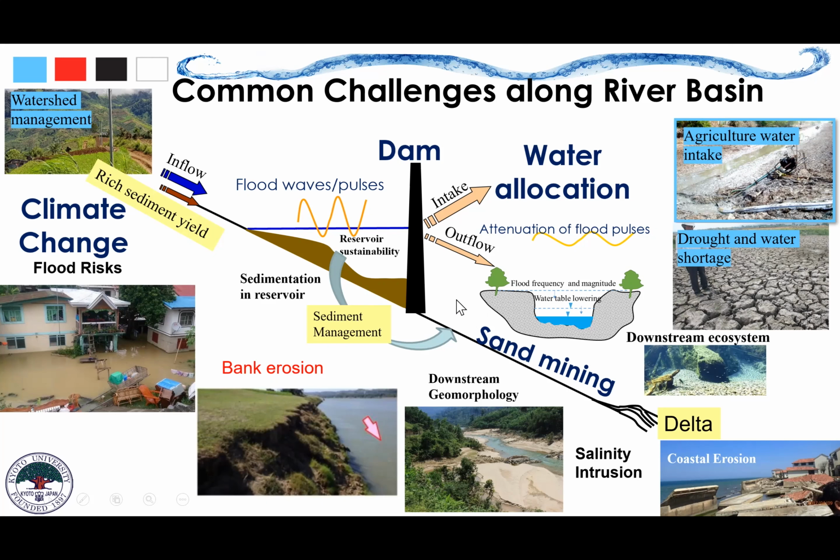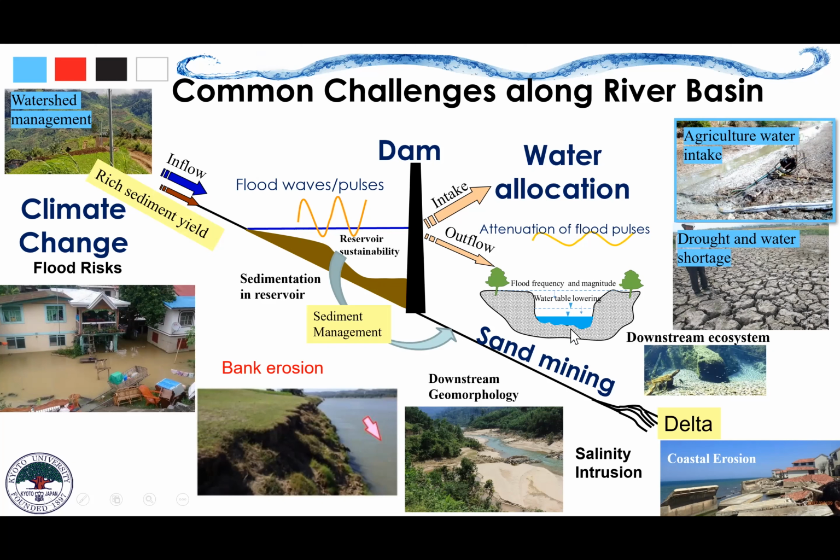In the downstream area, we have lots of issues related to river ecosystem damage, river morphological change, bank erosion, as well as salinity intrusion in the delta area, causing lots of coastal erosion.